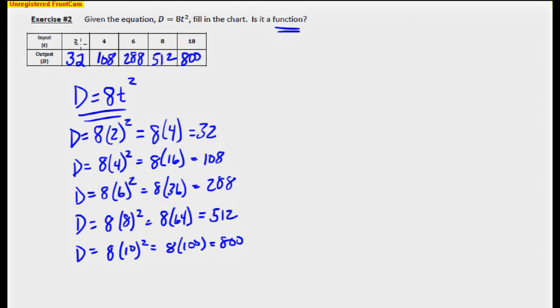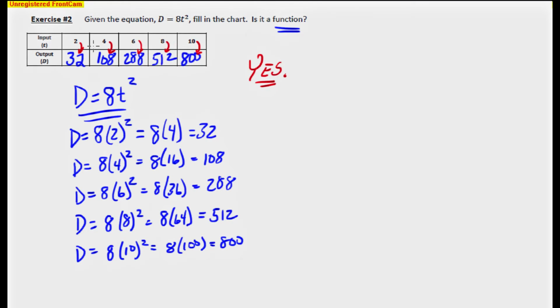All right, so it looks like the 2 is mapping to 32, and 4 is mapping to 108, okay, and 6 is mapping to 288, etc., etc., okay, and it looks like yes, this is a function.